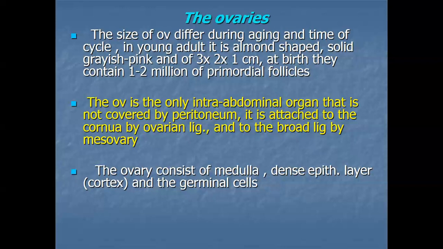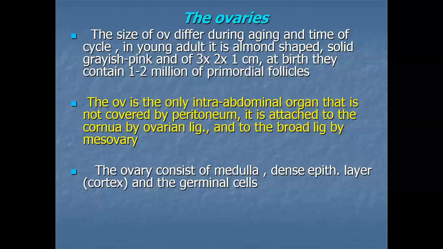It is attached to the cornua of the uterus by the ovarian ligament, to the lateral pelvic wall by the infundibulopelvic ligament, and posteriorly to the broad ligament by the meso-ovary. The ovary consists of three parts, as we mentioned: the medulla, the dense covering epithelium, which is the cortex, and the germinal cell.